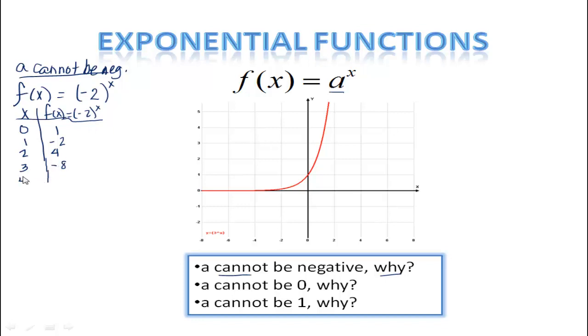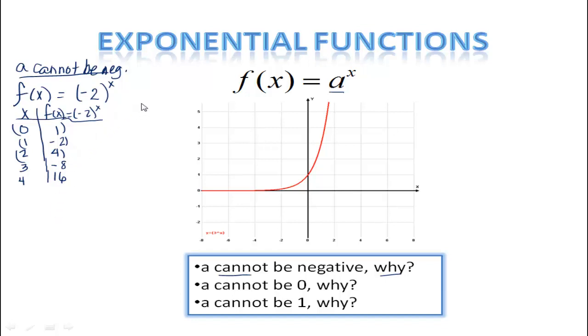When x is 4, I get negative 2 to the fourth power, which is positive 16. Look at what happens here to your y values. Remember, these are your coordinates, so you would be able to graph these on the coordinate plane, right? So I'm switching from positive to negative, positive, negative, positive. The next number will be negative, the next one will be positive, etc.